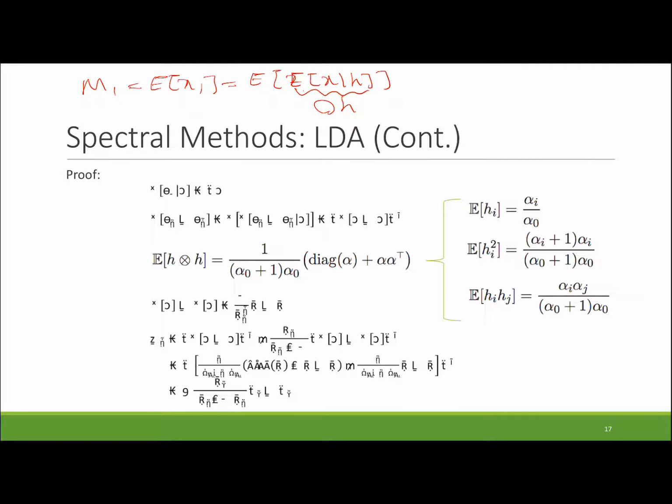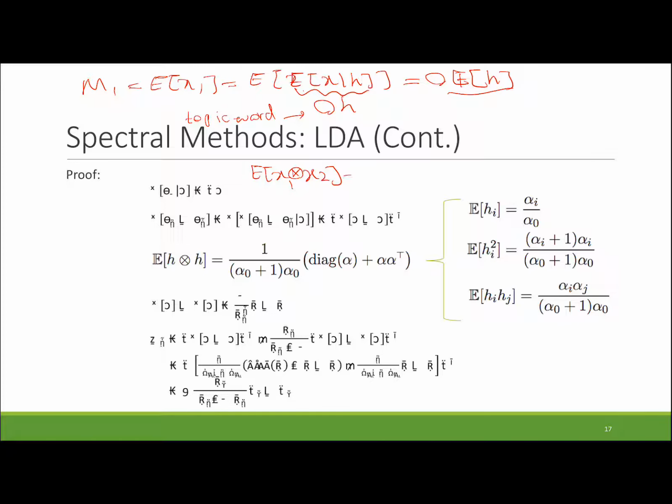It's equal to OH, where O is my topic word matrix. Therefore, this is equal to O E of H, right? And E of H can be computed from the Dirichlet distribution because I know that the underlying distribution of H is Dirichlet. And let's look at the cross moments.